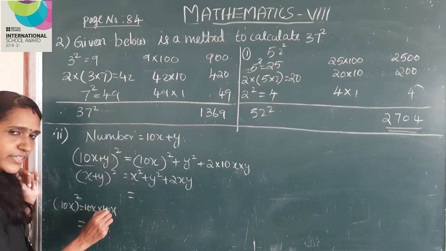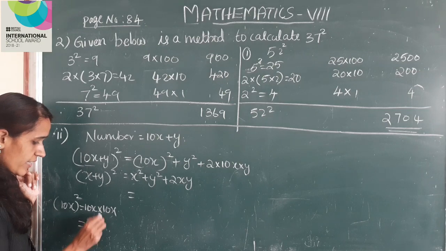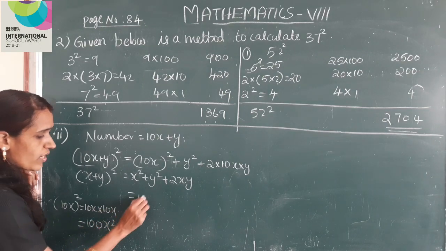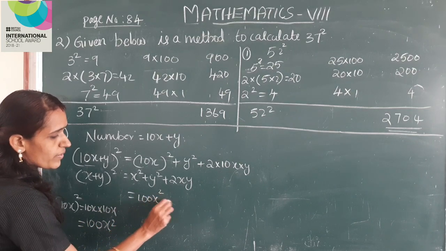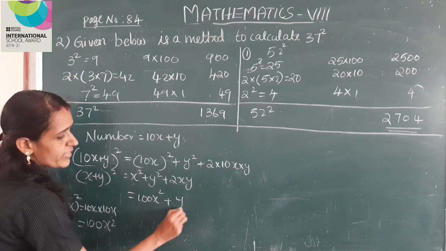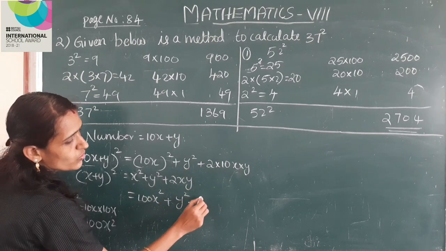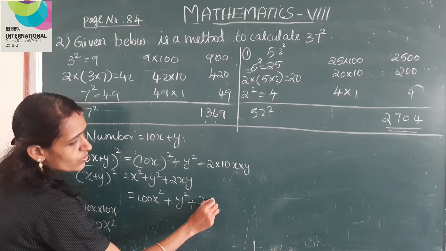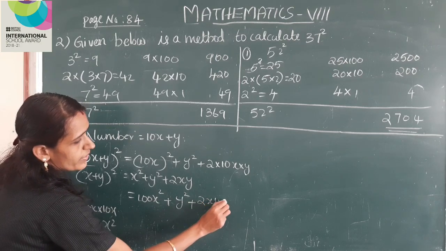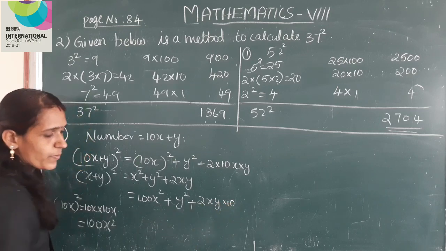This is equal to 10 into 10, 100, x into x, x square. So 100x square plus y square plus 2xy into 10.